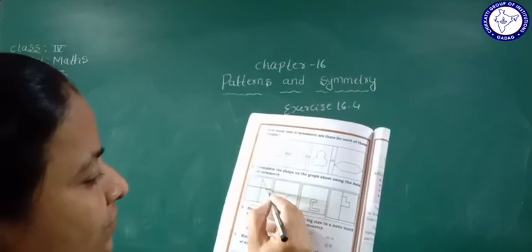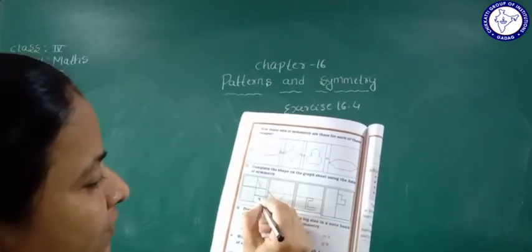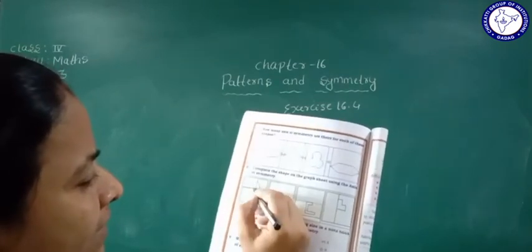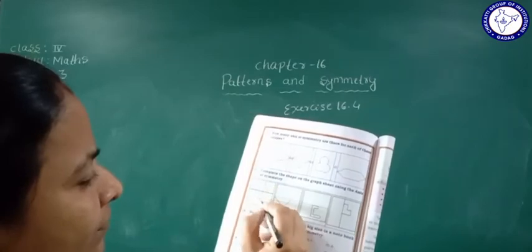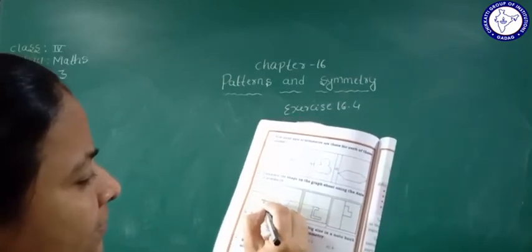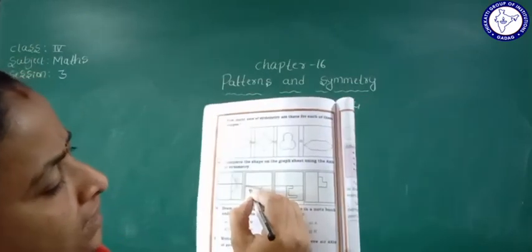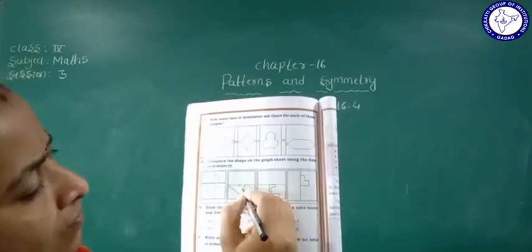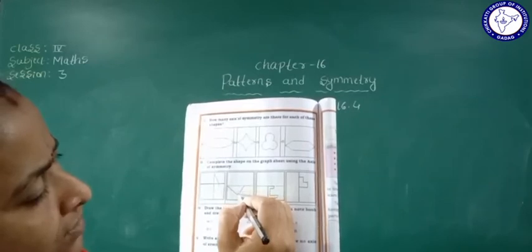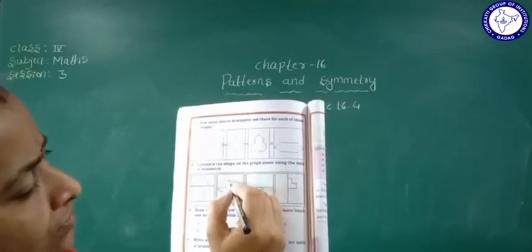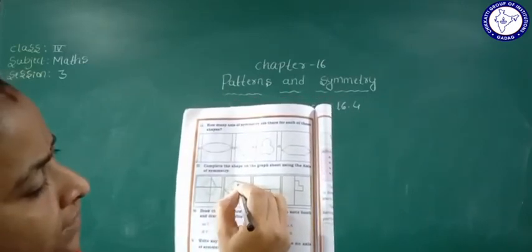So using the axis of symmetry, we can complete the shape, like here 1, 2, 3, 4, 1, 2, 3, 4, like joining lines.